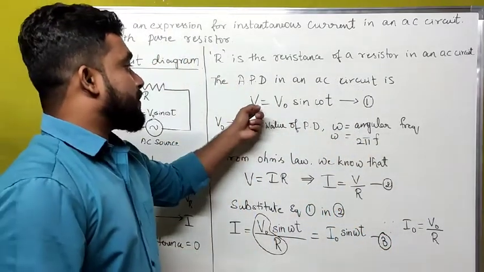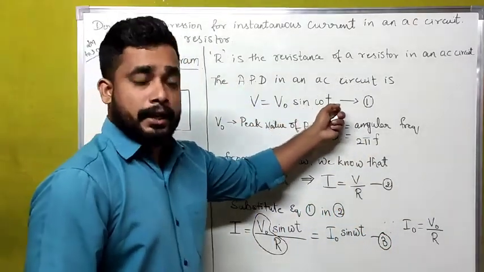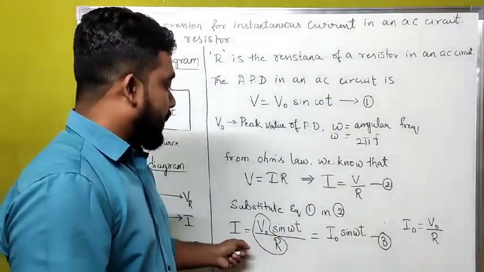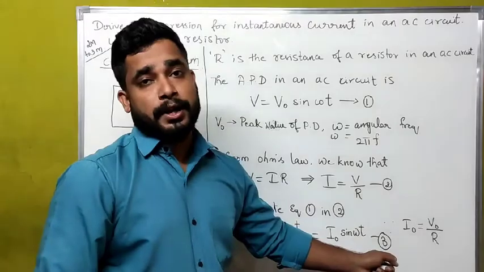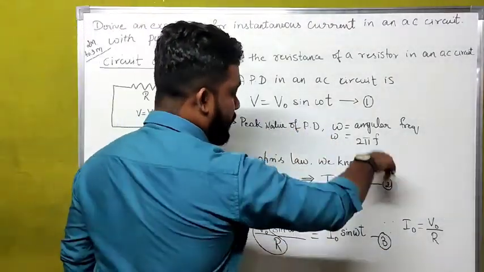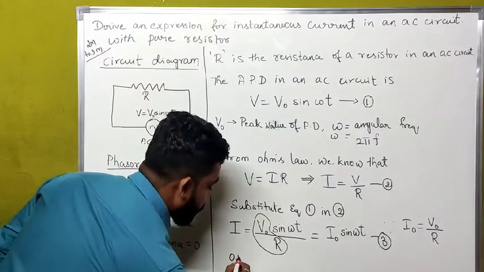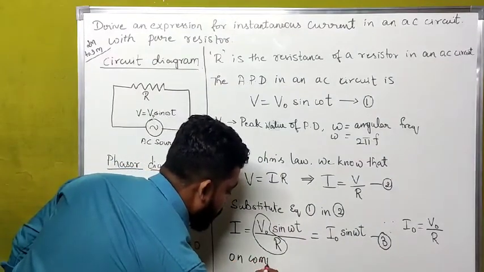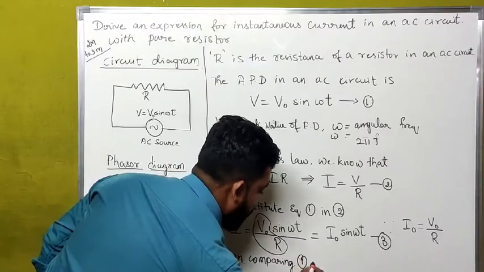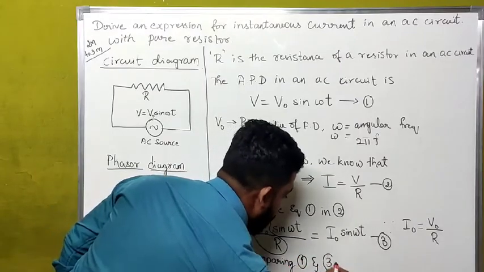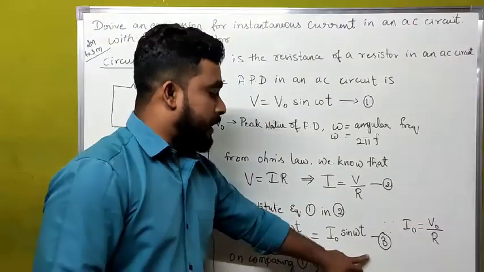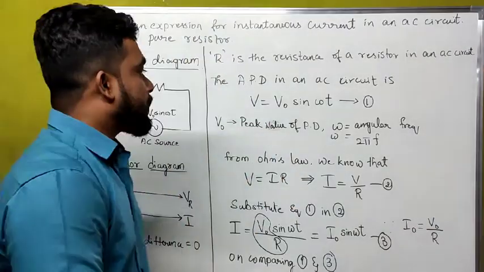Here we have V is equal to V naught sin omega t, but in this particular expression 3, I is equal to I naught sin omega t. On comparing equation 1 and equation 3, what we will get?